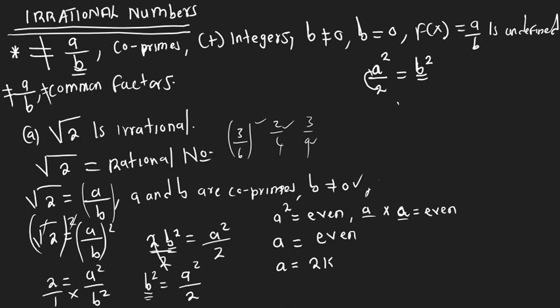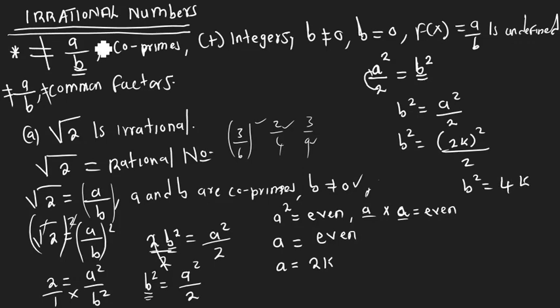I'll get b power 2 equal to a power 2 over 2. Then I'm going to say b power 2 equals, what is a? I'm going to put my 2k here. Then I'm going to get b power 2 equal to 4k power 2 over 2. Then this is going to be b power 2 equal to 2 times k power 2 over 2. Then let me test for k to the power 2.